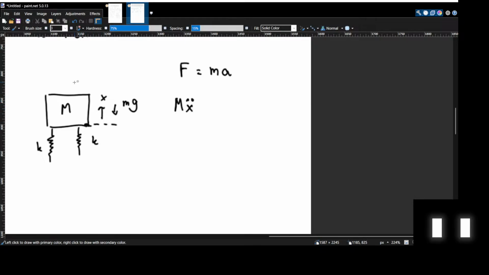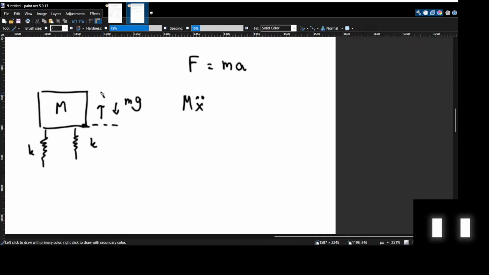Yeah, when you add m, it gets stretched down. You know what? It's x is gonna be displacement from the point of equilibrium. So there's gonna be no mg because the spring force already covers that. We're finding the spring force offset from that point of equilibrium further.